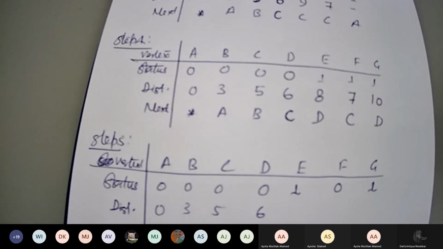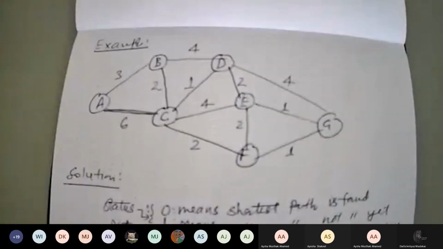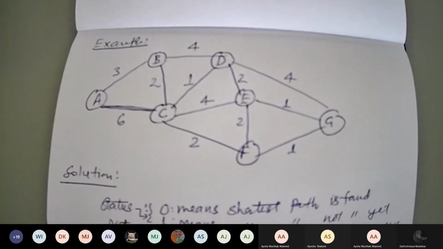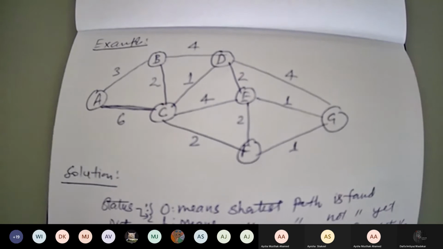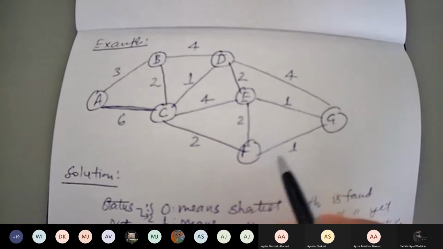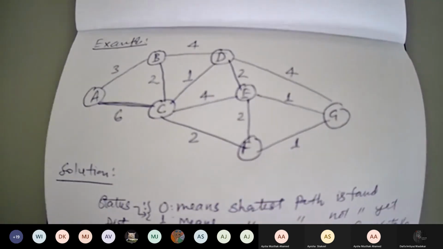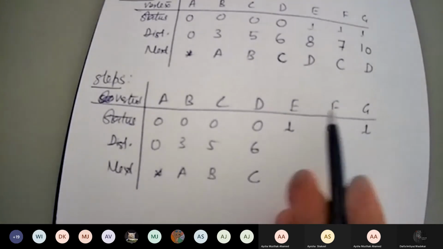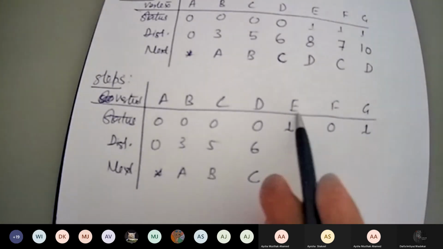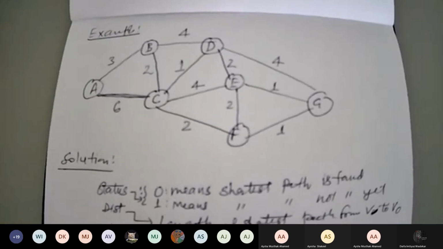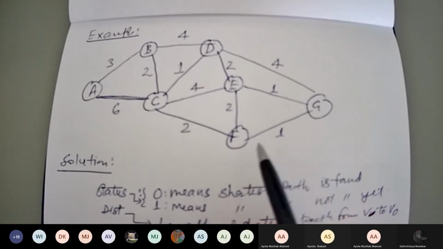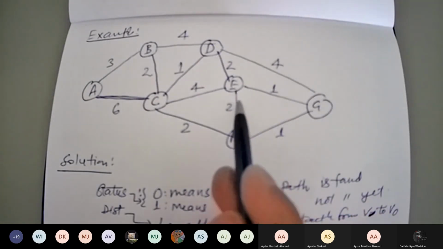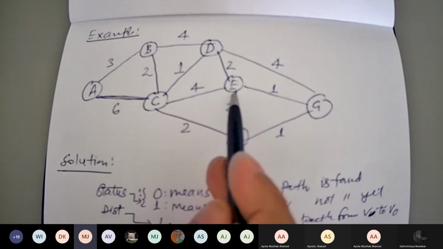Now from F, how many places are you reaching? 2. From F you are reaching E and G, only these two. So F to E is how much? 2.